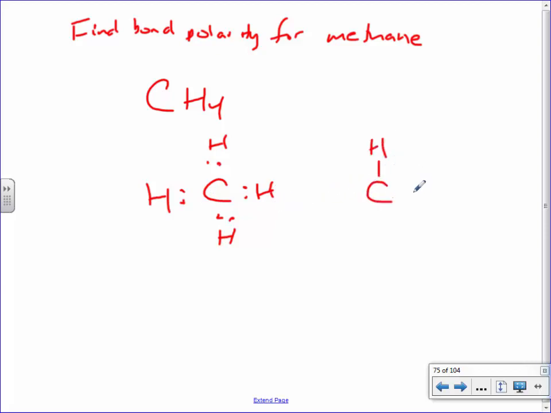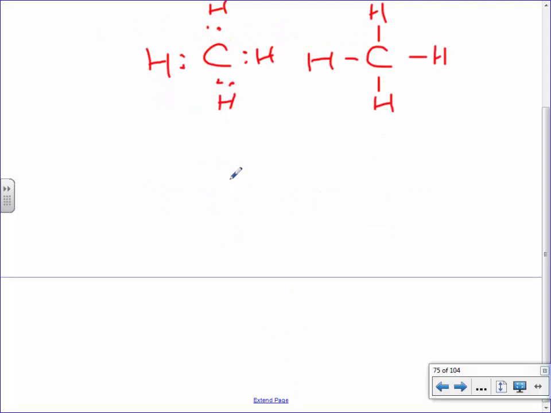This is now a structural diagram. And then finally, we want to upgrade this to a stereochemical diagram, which is in 3 dimensions. And it would look like this. Day 1, dots. Day 2 and day 3, lines and 3D lines.